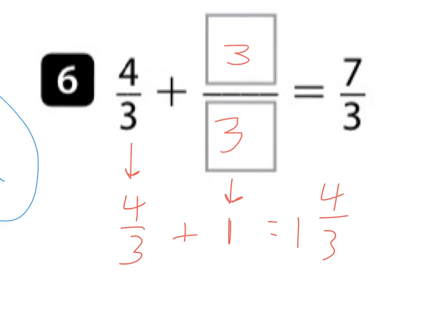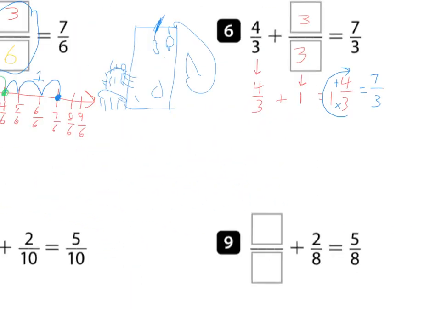If we were going to turn this mixed number into an improper fraction, we would multiply our denominator times our whole number and add our numerator. And you get 3 times 1 plus 4 is 7, and your denominator is 3. Alright, let's cruise on to the next one, number 7.